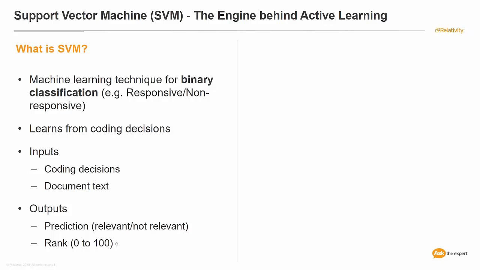So the closer to 100, the higher the strength of the prediction that those items are relevant. The closer to 0, the more likely those documents are not relevant. Things in the middle are that uncertainty zone.